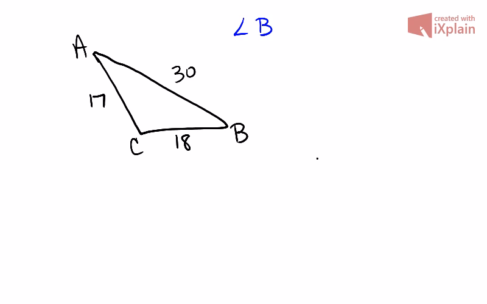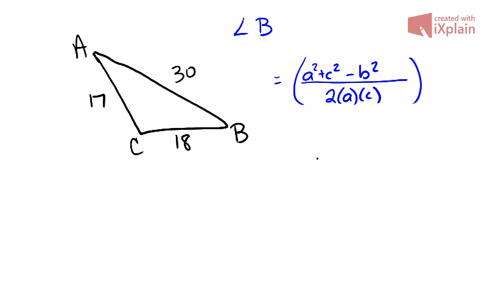Angle B equals, remember, you have to hit second cosine first in the calculator, but I'm just going to give you the formula first. Whatever angle we're looking for, that leg has to go into the back of the formula. So it's going to be a squared plus c squared minus b squared all over 2ac.